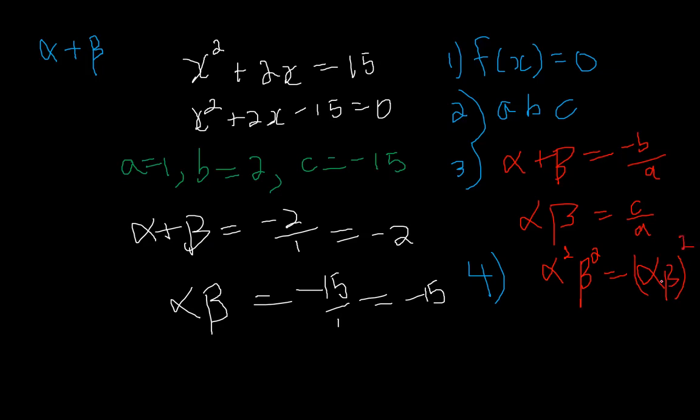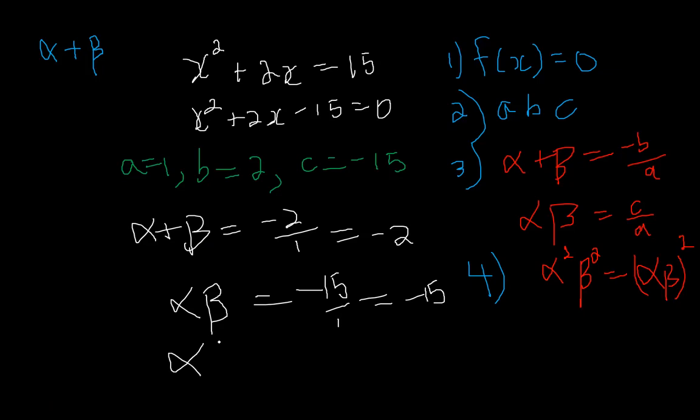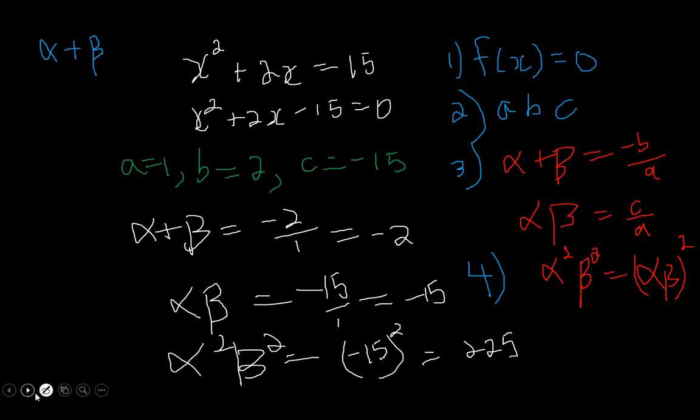So if they ask me to find alpha squared beta squared, what would I write? Negative 15 squared, which is 225. Everybody understands that? Everybody remembers step 4? Yes, miss. Nice.